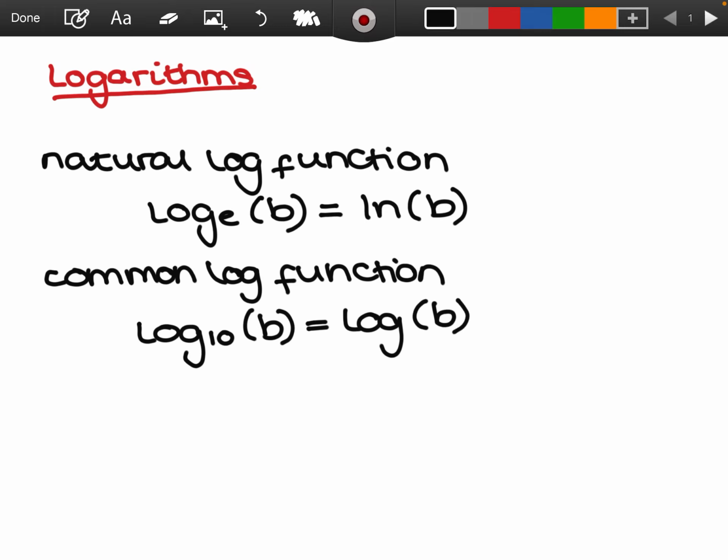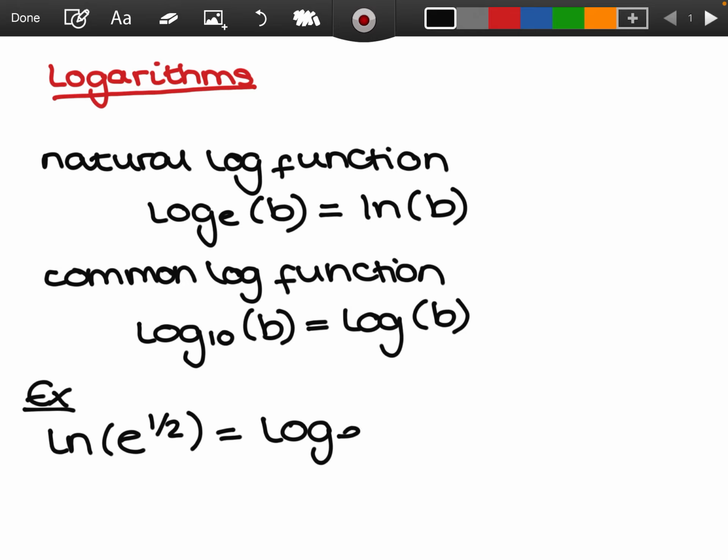Okay. A couple quick examples of using these. Let's say that you are asked to find the natural log of e to the 1/2. Okay. So that's log base e of e to the 1/2. That's asking what power do I have to raise e to get e to the 1/2? Well, obviously that's 1/2 because e to the 1/2 will equal e to the 1/2. So the answer is 1/2.